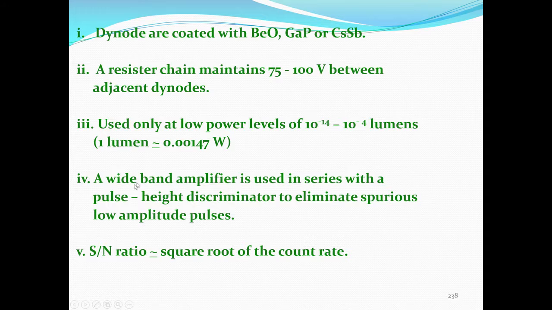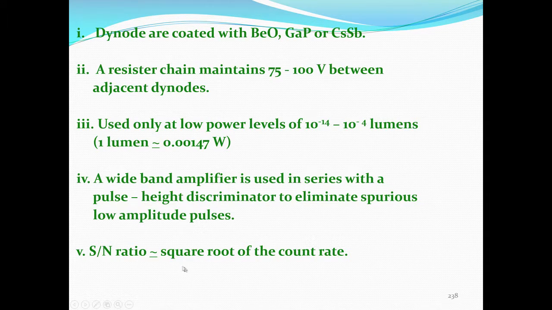So, lumen is also a tool to evaluate the different kinds of bulbs which are used extensively in the bulb industry. Another thing is a wideband amplifier is used in series with a pulse height discriminator to eliminate spurious low amplitude pulses. This is an important advancement, and in this case signal to noise ratio is approximately equal to the square root of the count rate.